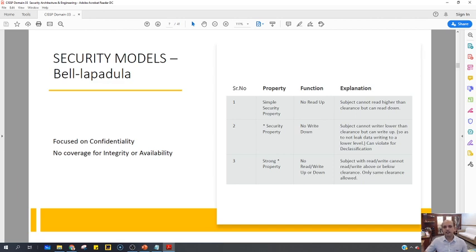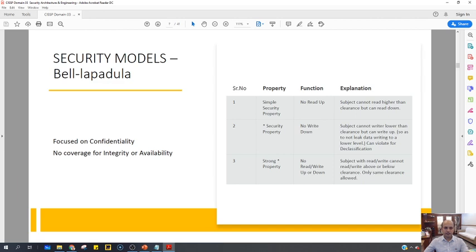The idea behind this Bell-LaPadula model is to ensure that data is not leaked among clearance levels by restricting higher clearance subjects from writing down or leaking information to lower clearance objects, and lower clearance subjects cannot read or view higher clearance objects in the Bell-LaPadula model.